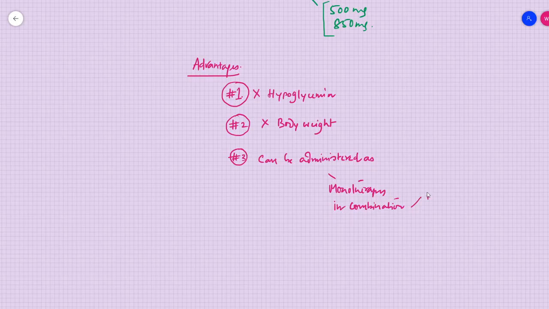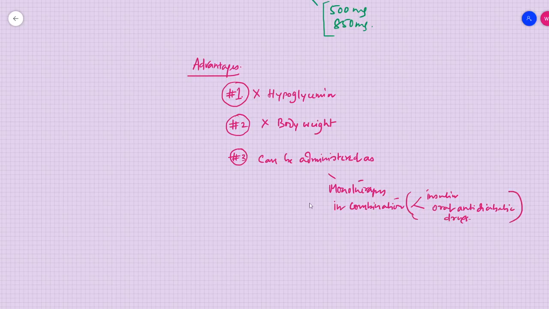It can be insulin or oral anti-diabetic drugs. They can be combined with any hypoglycemic agent.